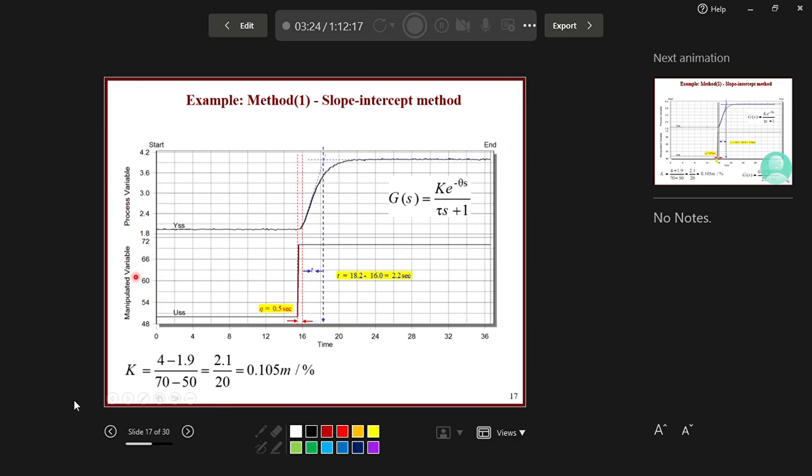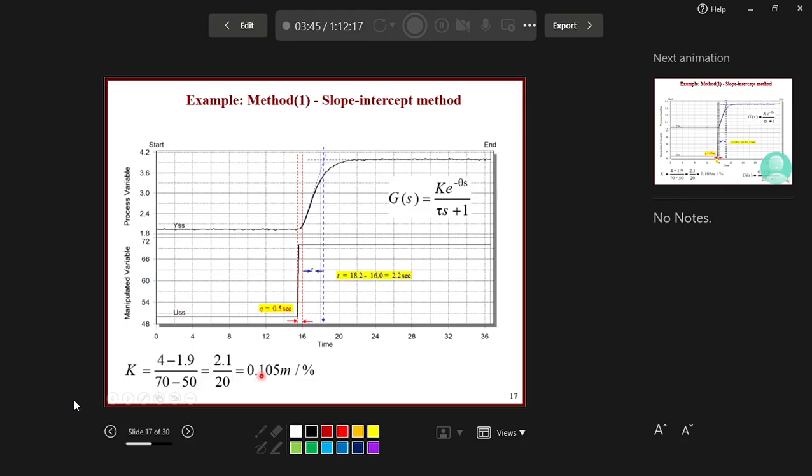I have collected this data for the level. The output is the level, and the input was the percentage opening of the valve. So that's why the unit is meter per percentage.